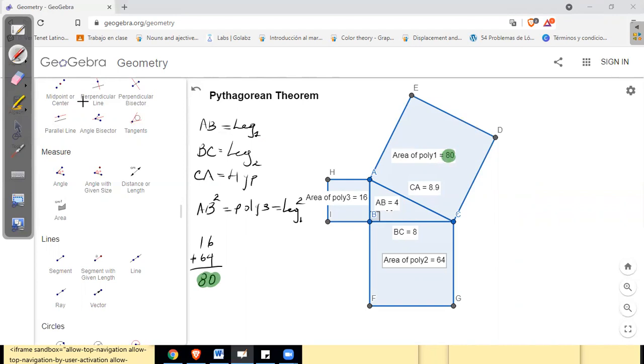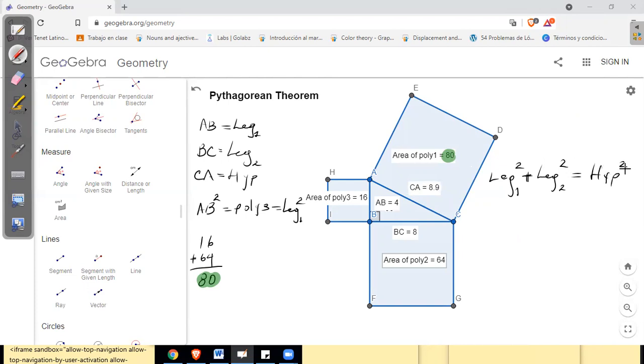What does that mean? It means that if I add the area of poly 3, that is AB to the second power, the same as leg 1 to the second power, plus the area of poly 3, that is BC to the second power, the same as leg 2 to the second power, I'm going to get the area of the longest side, CA, the same as the hypotenuse to the second power.